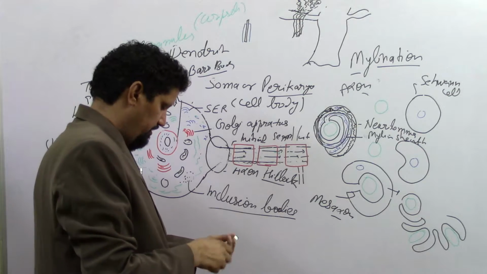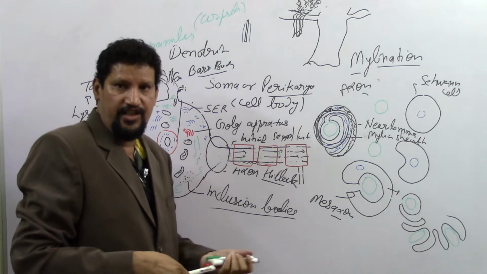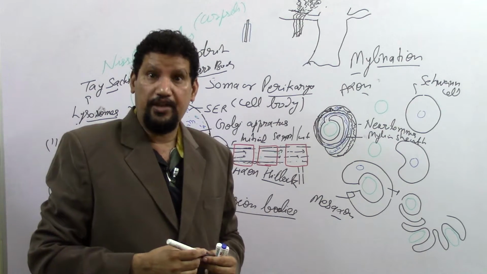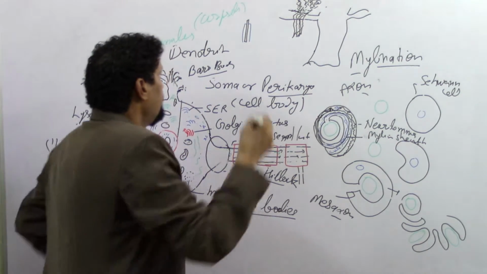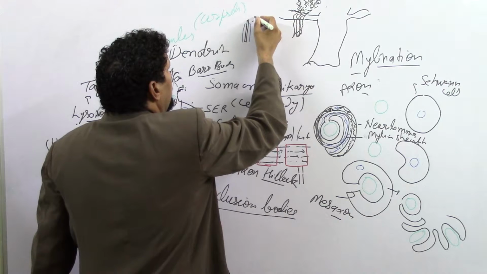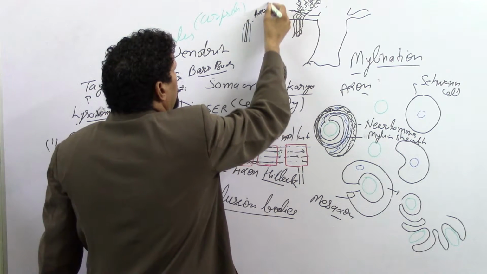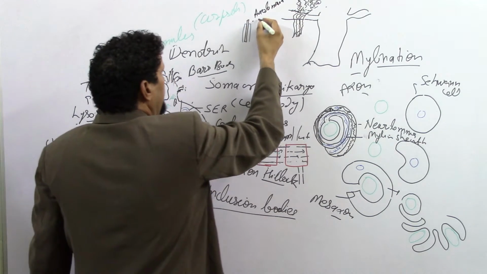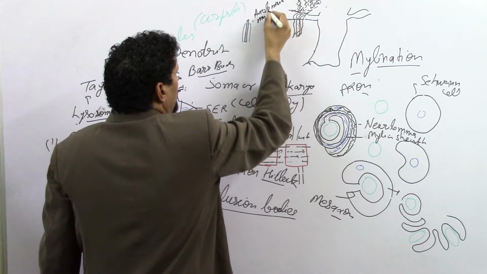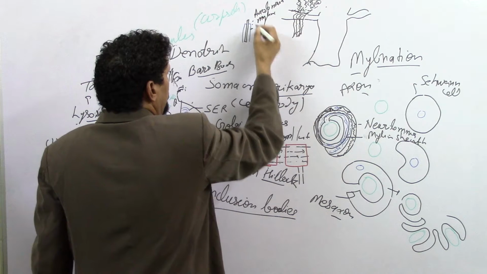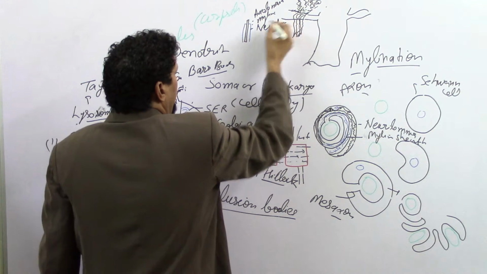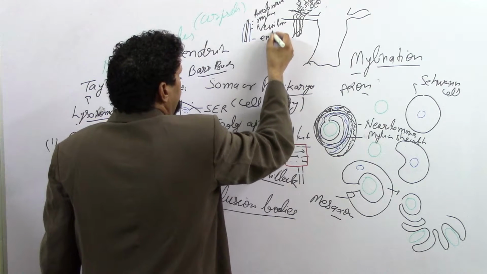Then it is covered by a sheath of connective tissue known as endoneurium. So it is covered by axolemma, then myelin, then neurolemma, and then endoneurium.